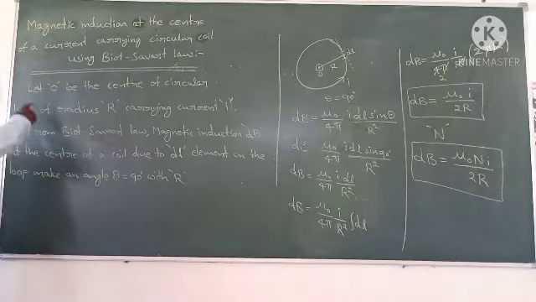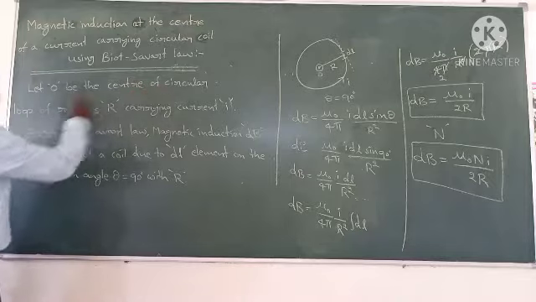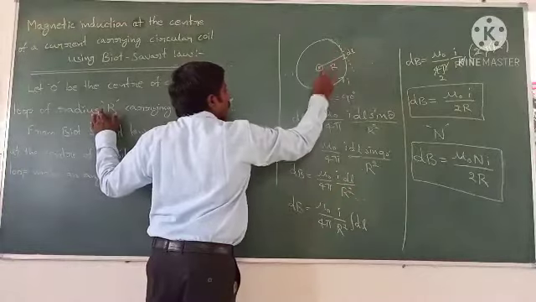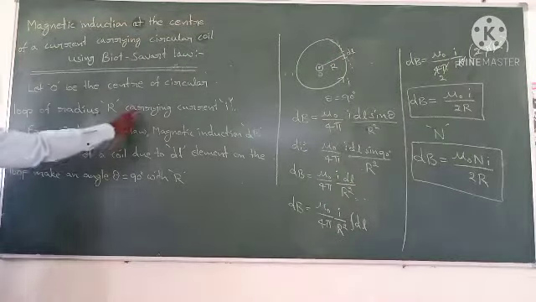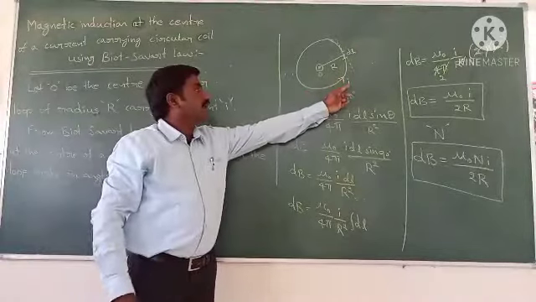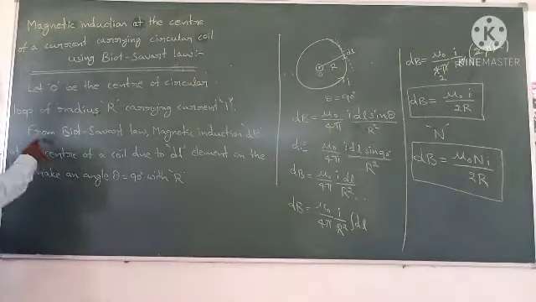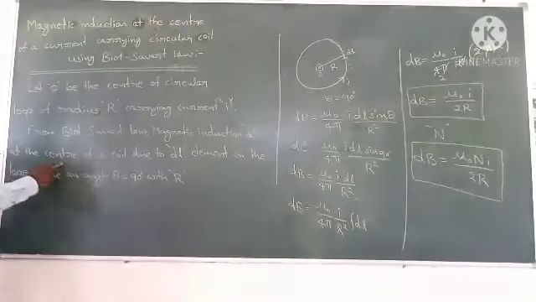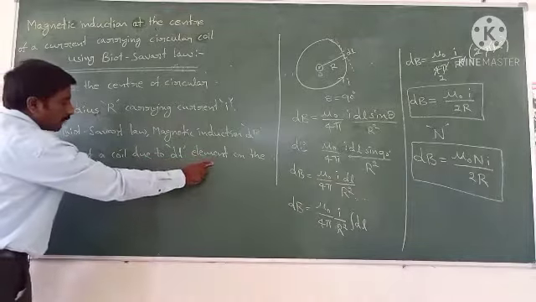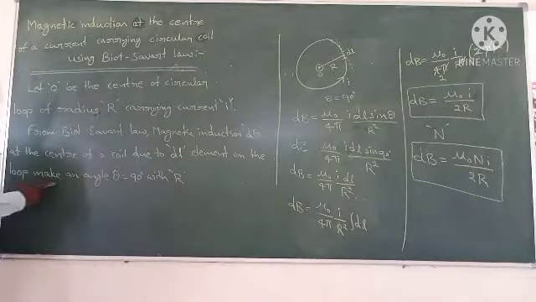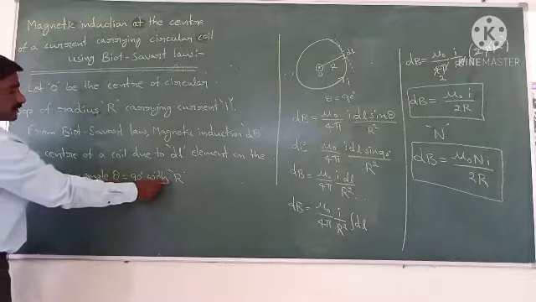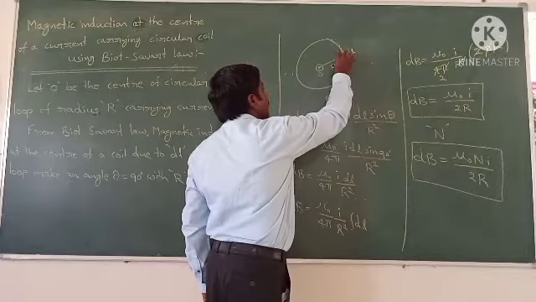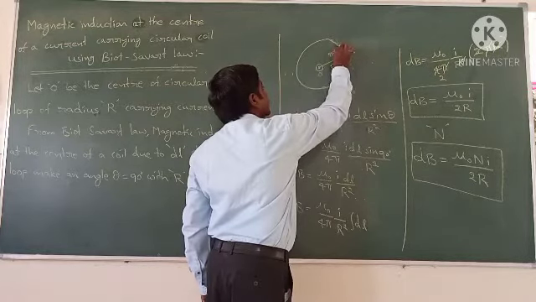So here the statement is, let O be the center of a circular loop of radius R. So this is a circular loop of radius R, O is the center, carrying current I. From Biot-Savart law, magnetic induction dB at the center of a coil due to dl element on the loop makes an angle theta equals 90 degrees with R. So the angle between this dl element and position vector is theta equals 90 degrees.